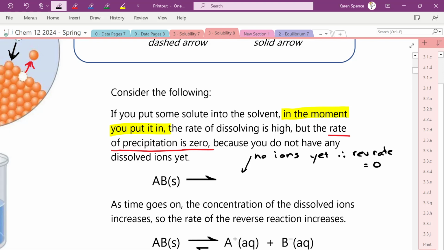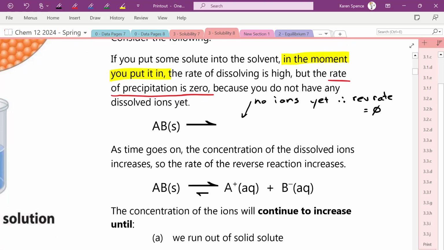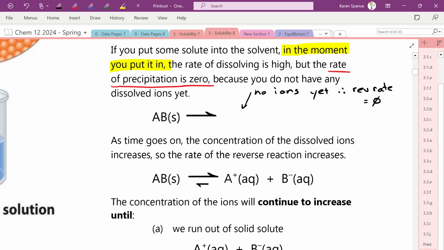Now, as time goes on, you are going to dissolve some of the solid. And so these concentrations get bigger, yes?